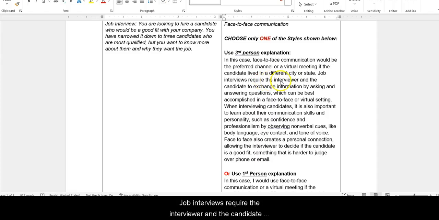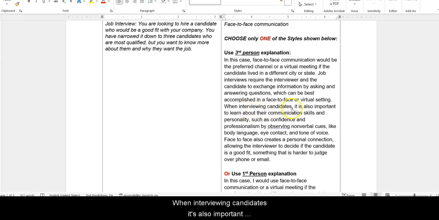Job interviews require the interviewer and the candidate to exchange information by asking and answering questions, which can be best accomplished in a face-to-face or virtual setting. You could add, because you can do this right away without having to wait for an email or something like that. It's instant information, instant questions, instant answers or clarification.